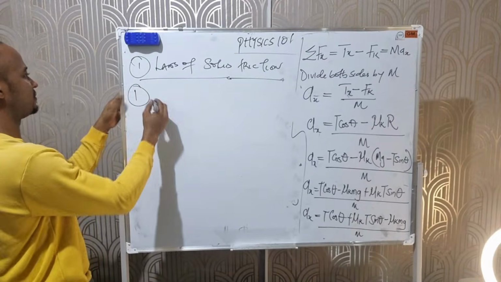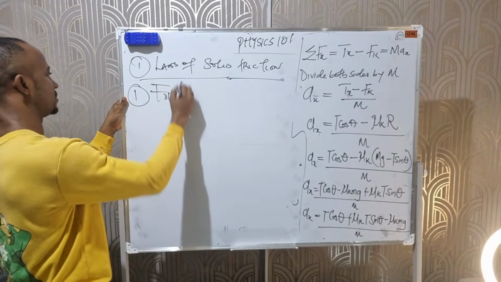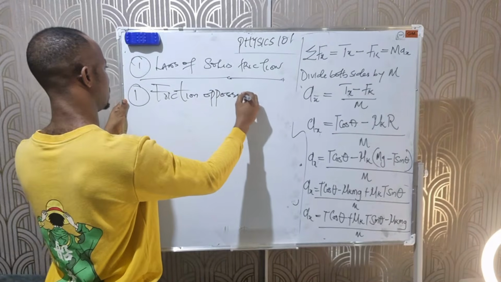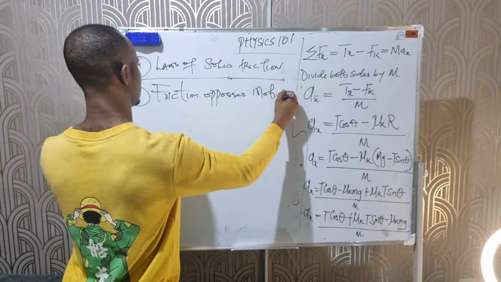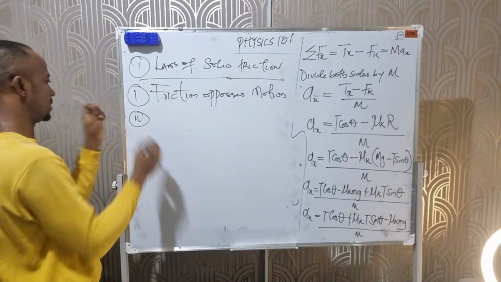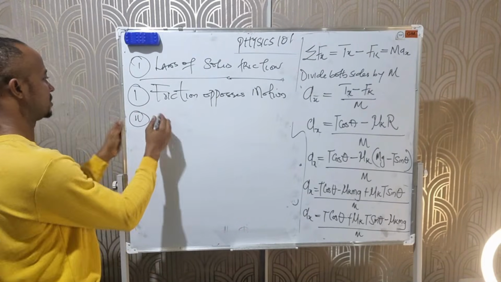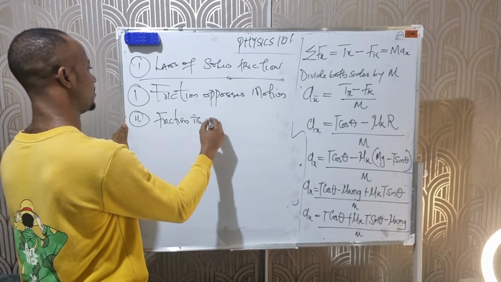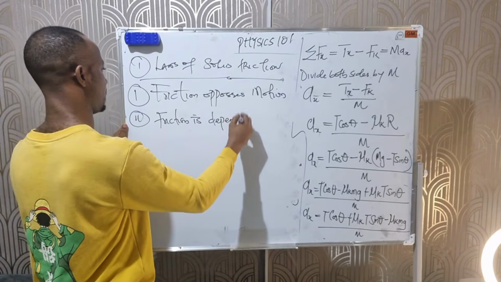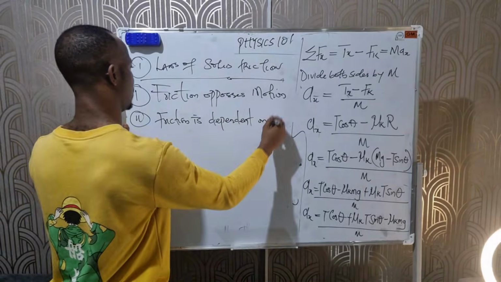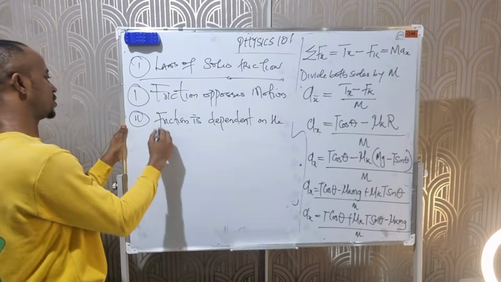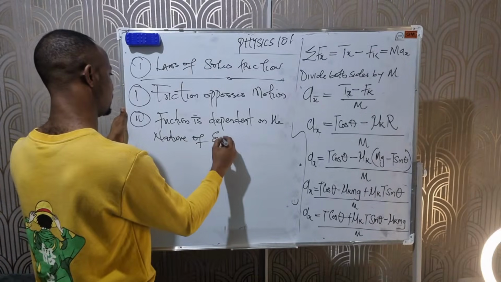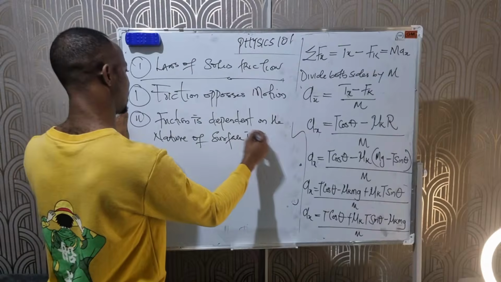Number one is that friction opposes motion. Number two is that friction is dependent on the nature of the surfaces in contact, right?